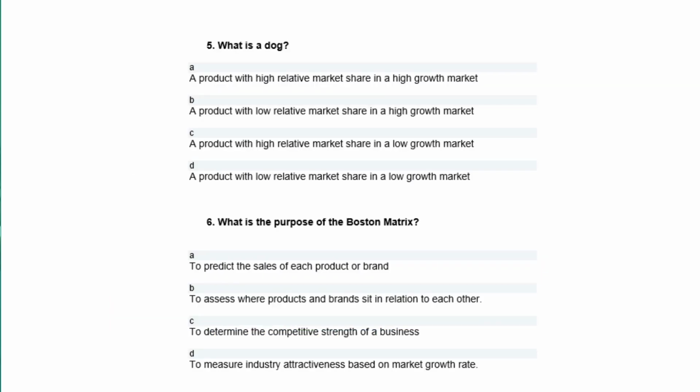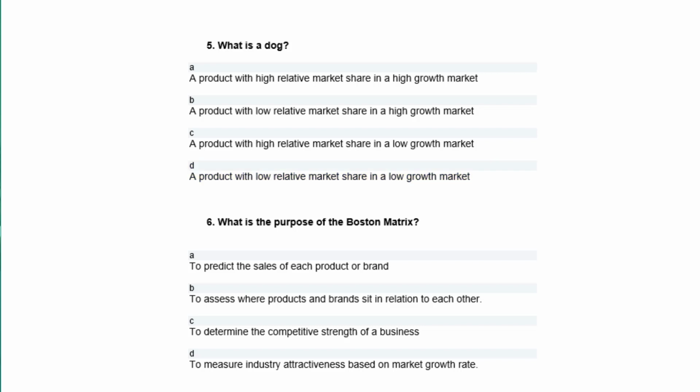And the dog, again, is it high relative market share in a high growth market, low relative market share in a high growth market, high relative market share in a low growth market, or low relative market share in a low growth market? Well, the answer is clearly here D. It's low and low. Low relative market share in a low growth market.